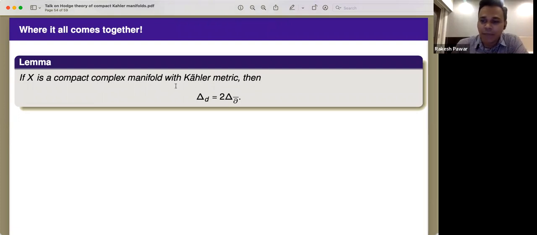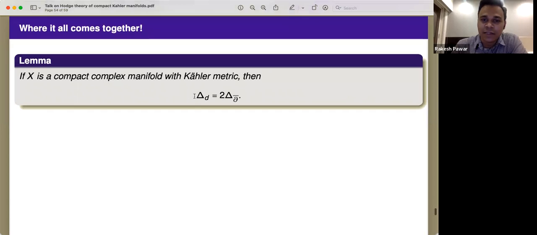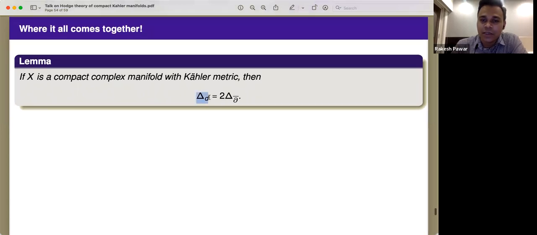This is where the magic happens, so to speak: if you restrict the operator to (p,q) differential forms and apply both sides, then one is 2 times the other, just a scalar. So with these assumptions, the Kähler metric, if you take a (p,q) form, it will go to a (p,q) form, because that's what this operator does.